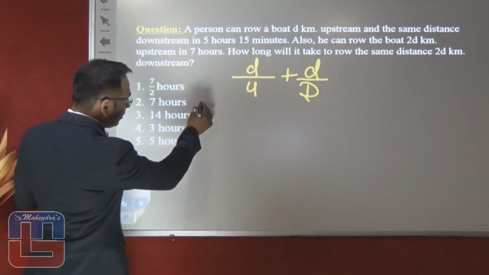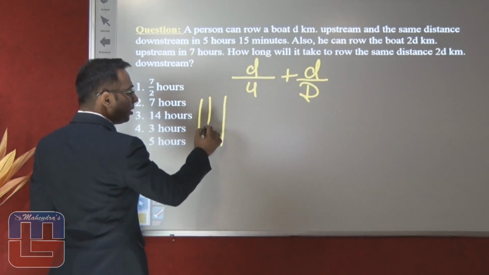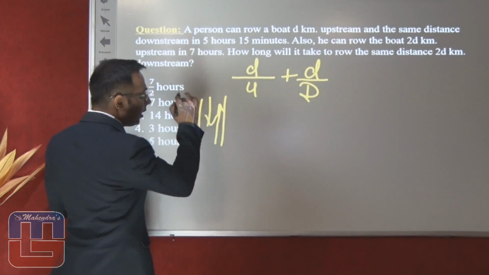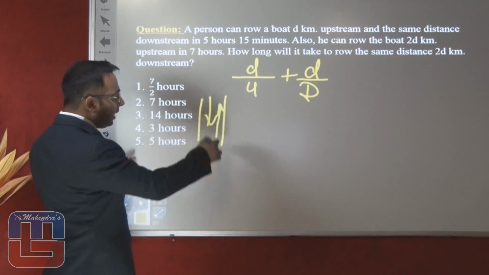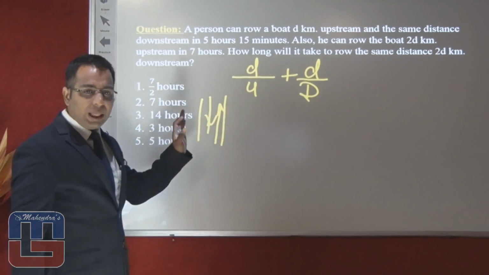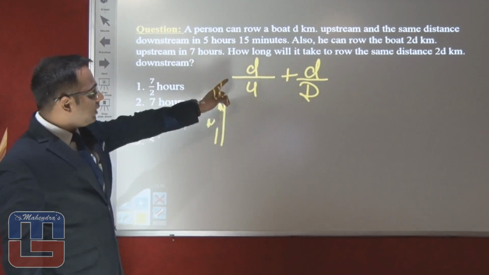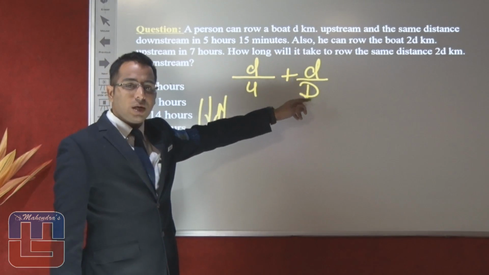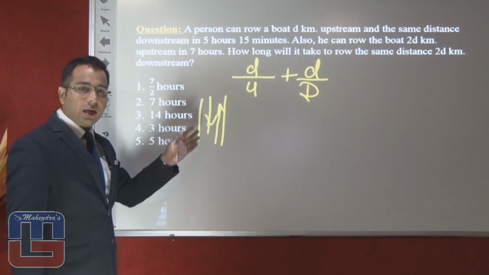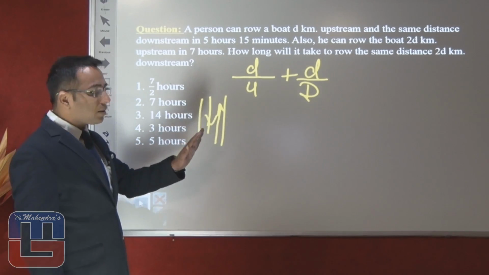See, the thing is very simple. If the stream is going this way, and the boat is going against the stream, then when the boat comes back, it will be coming with the stream, downstream. So once he goes upstream, he will come back downstream. If he is going downstream, he will come back upstream. Simple concept.